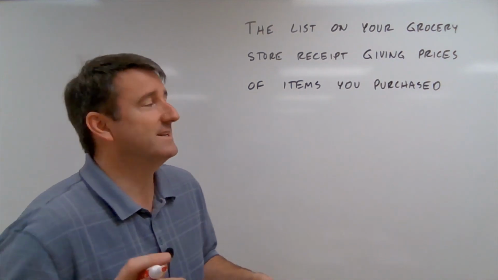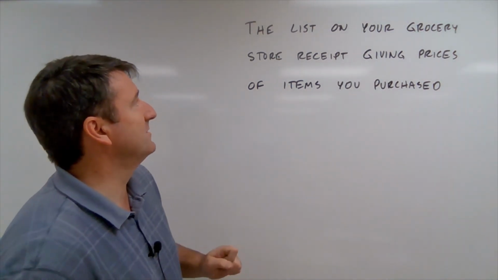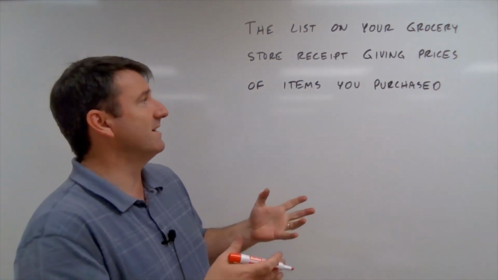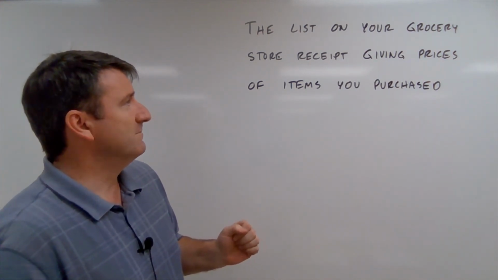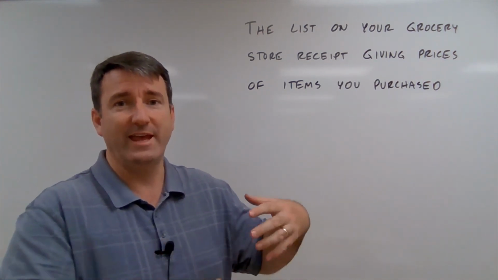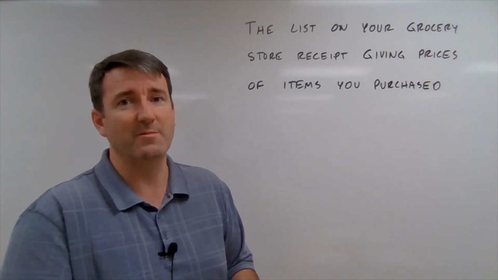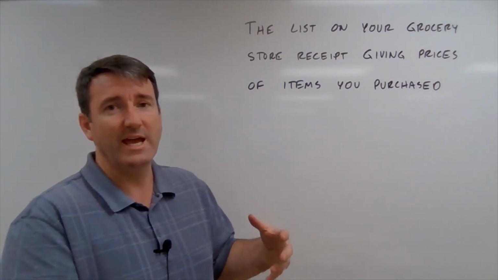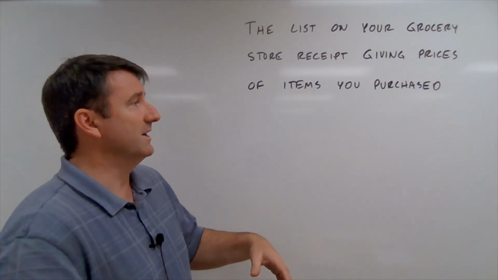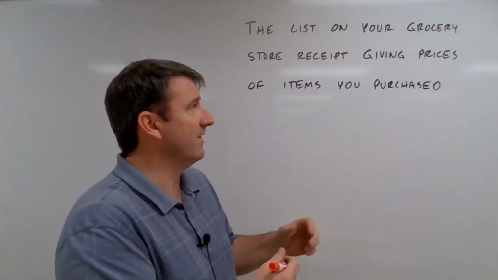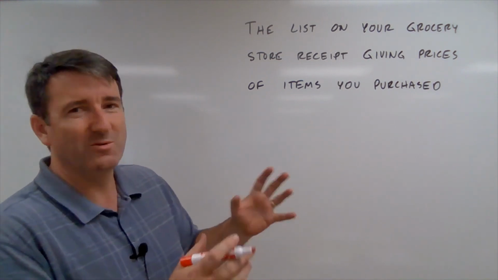The last statement is this one: the list on your grocery store receipt giving prices of items you purchased. So the first question is, is this a function? Can we describe this as a relationship between two variables, where changing one variable changes the other? And I don't think we can.